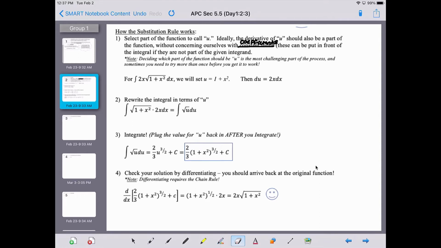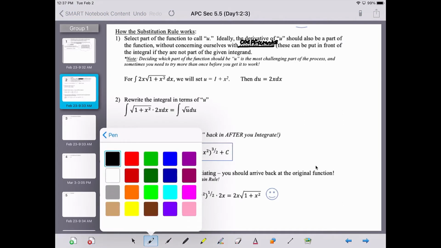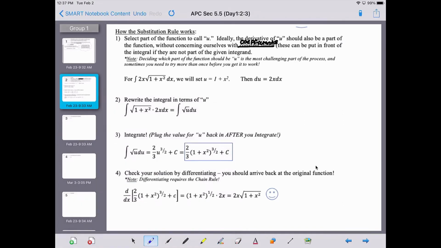Okay, so for our integral, 2x times the square root of 1 plus x squared dx, we're going to let u equal 1 plus x squared. So now if I were to take the derivative of that, then du dx, the derivative of u with respect to x, well, the derivative of 1 would be 0, and the derivative of x squared would be 2x, right?